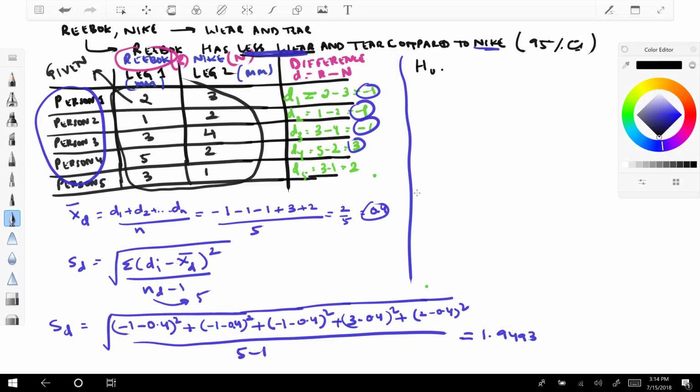So my alternative, H alternative, would be mu D, where D is Reebok minus Nike, should be less than 0. That means my null hypothesis would be mu D greater than or equal to 0.